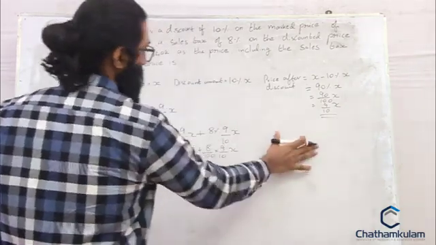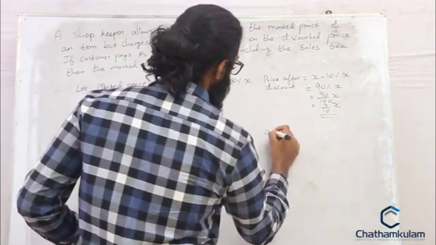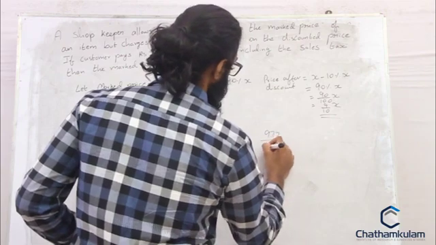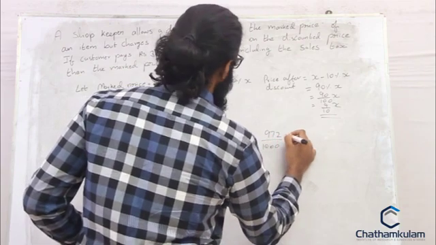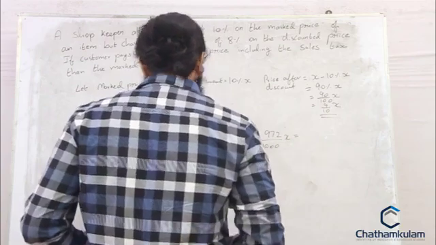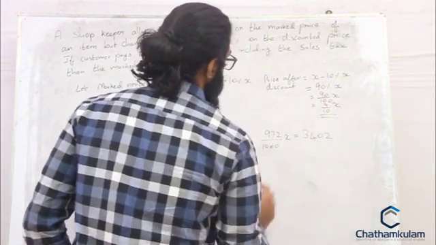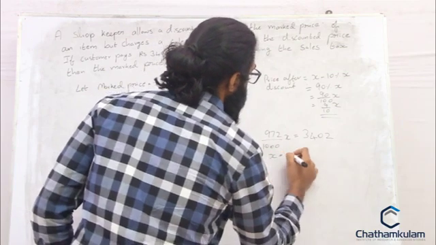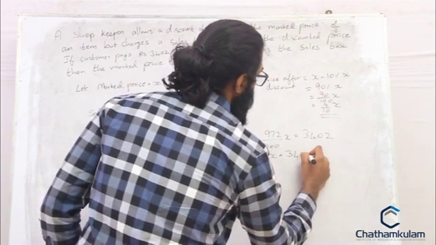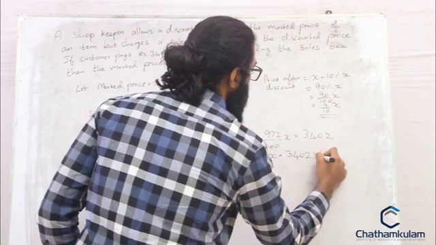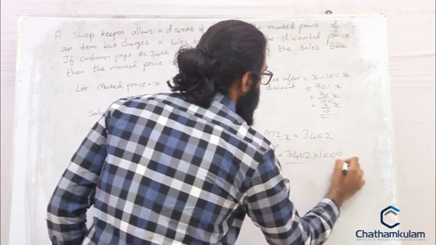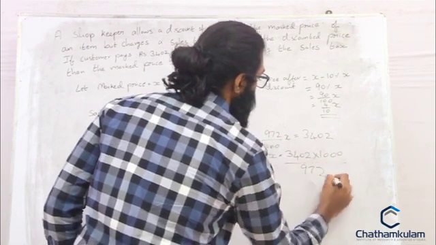I will write it here, 972/1000 X is equal to 3402. So therefore X equals 3402 into 1000 divided by 972.